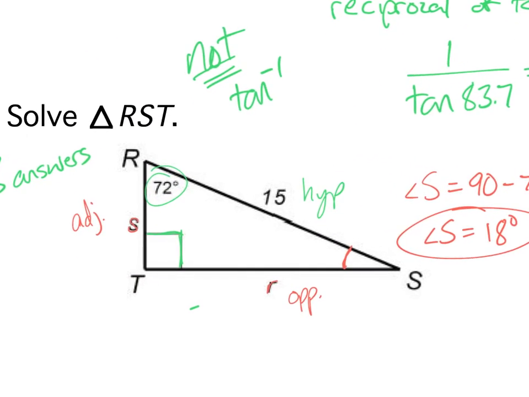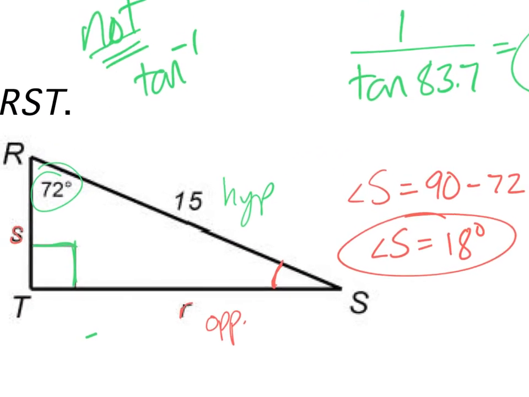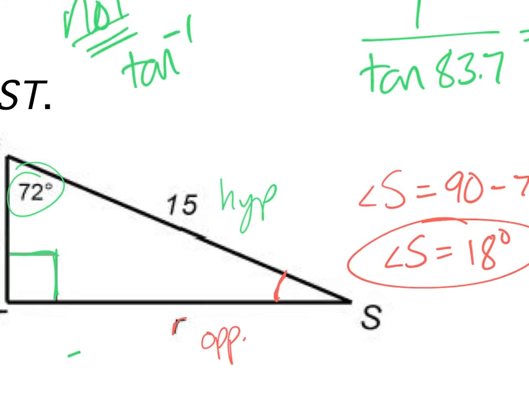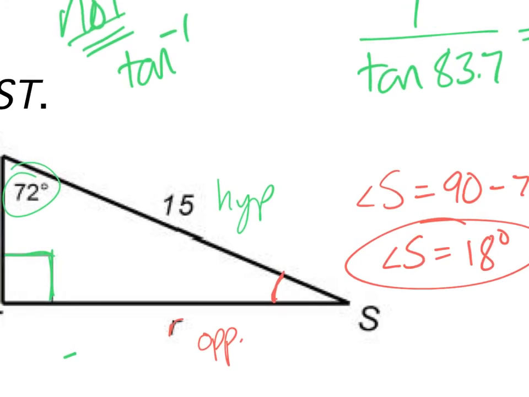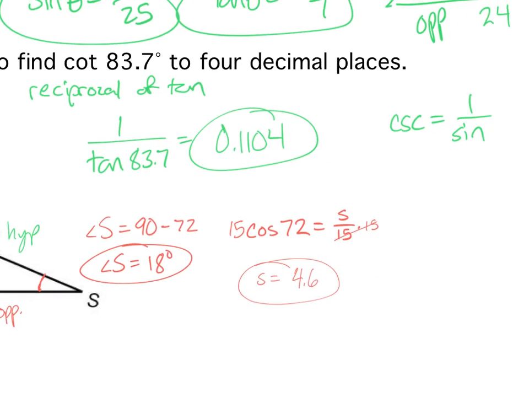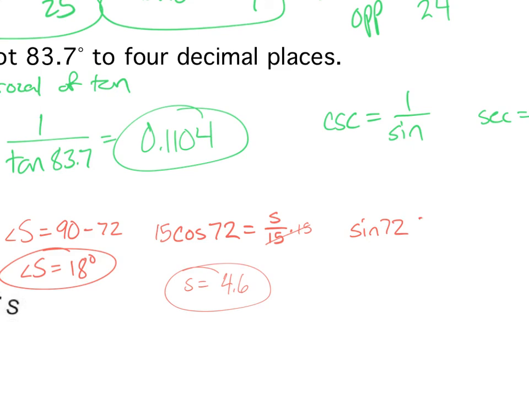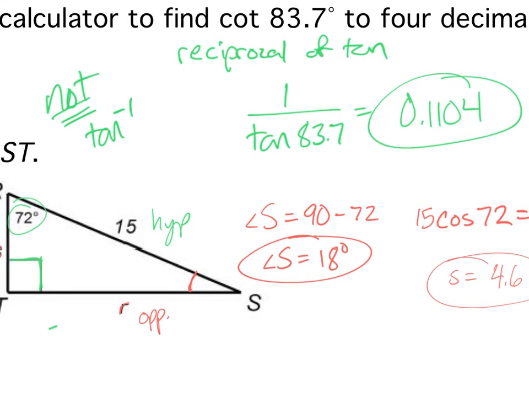Then I'm going to not look at S now and focus on the other side that I'm trying to find, R, and the side that has a number, 15, that's opposite and hypotenuse. And I want to think of the trigonometric function that involves opposite and hypotenuse, and that's sine. Put the 72 after the sine, set it equal to a fraction, and then put those 2 pieces in the fraction.